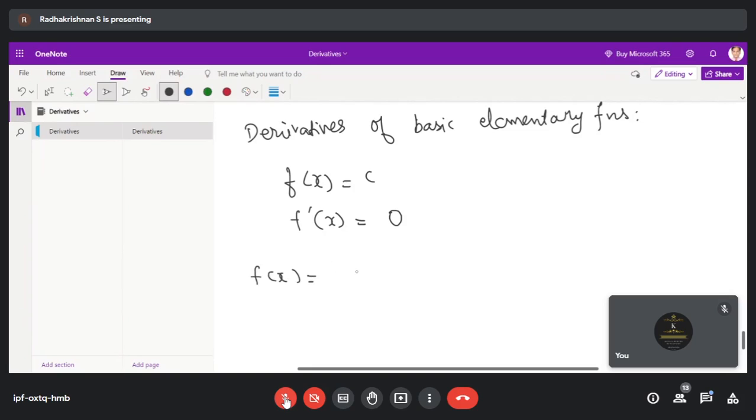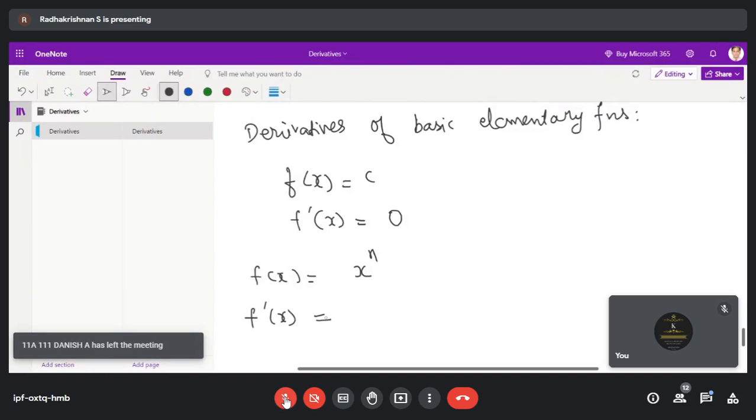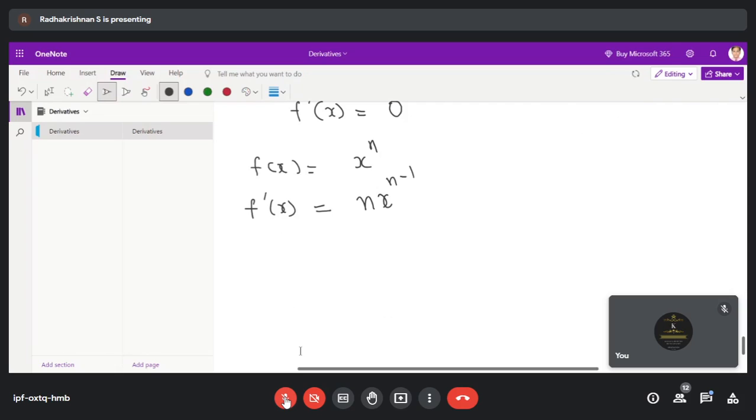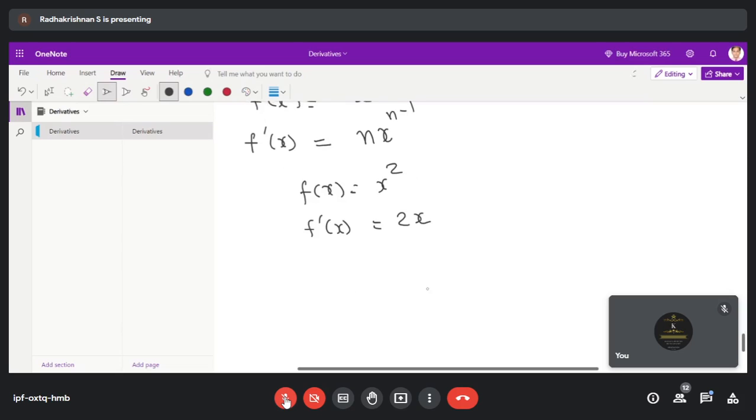f of x equal to, let us say, x power n. What is f prime of x? n into x power n minus 1. We already saw earlier that for f of x equal to x square it comes to 2x, right?